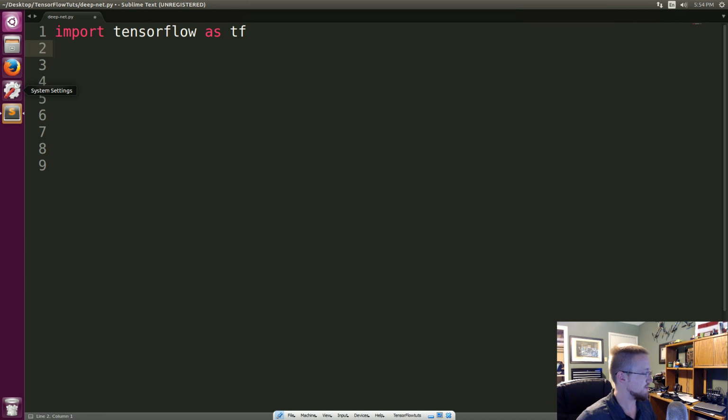Okay, so before we get started, we're going to be using the MNIST dataset for a few reasons. The main reason is that gathering data and preparing it to be used in machine learning is a pretty long and tedious process.